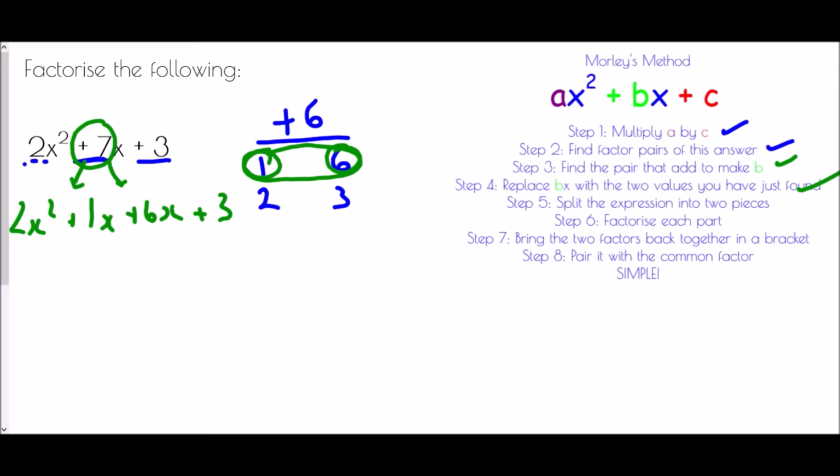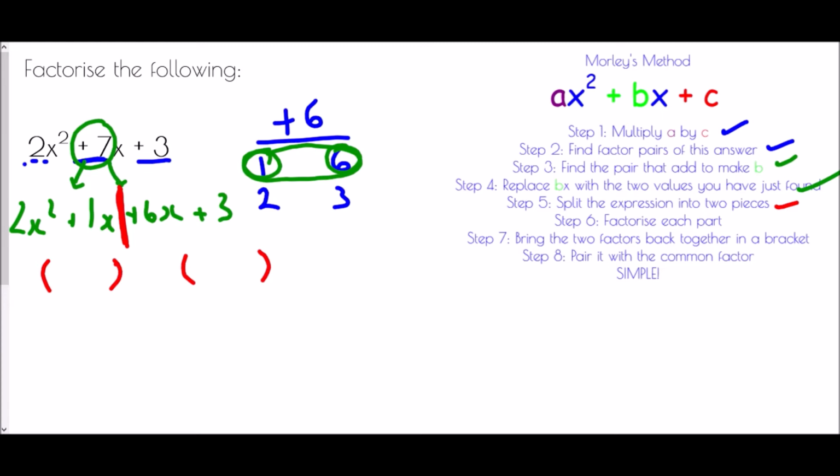Step 5 is to split the expression into two pieces, and what that means is to split it right down the middle here. So in between those two x's that you've just formed, split the expression in half. And we're then going to factorise each part. Now in this case, when we factorise it, we're going to have a single bracket involved.